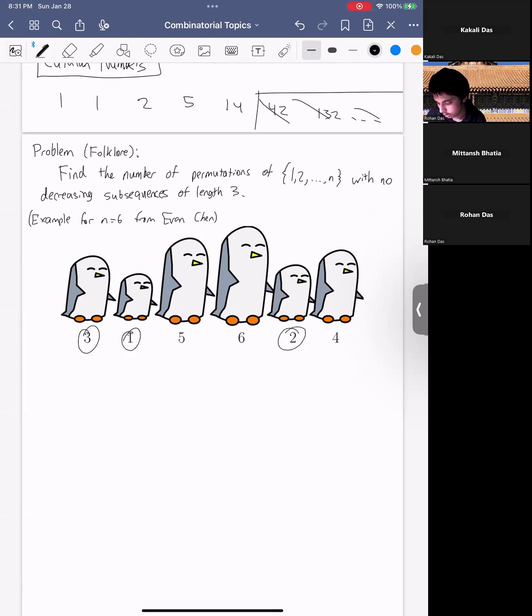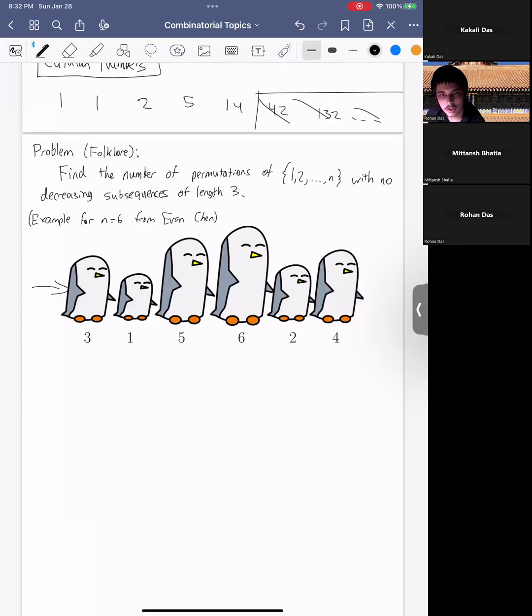Let's say 3, 1, 2, this is not in decreasing order. And we can check by hand if we are interested that for this given example, there is no such group of three numbers that are in decreasing order, but that's not too important, so I'm not going to do it.